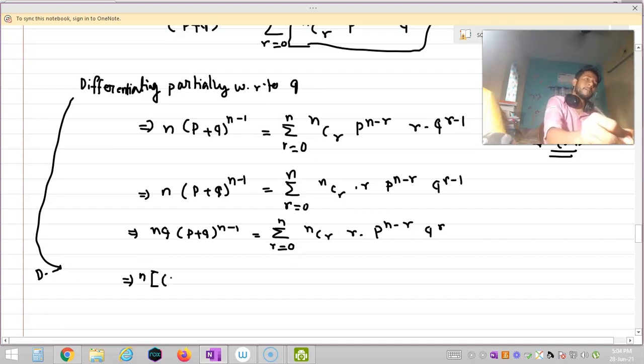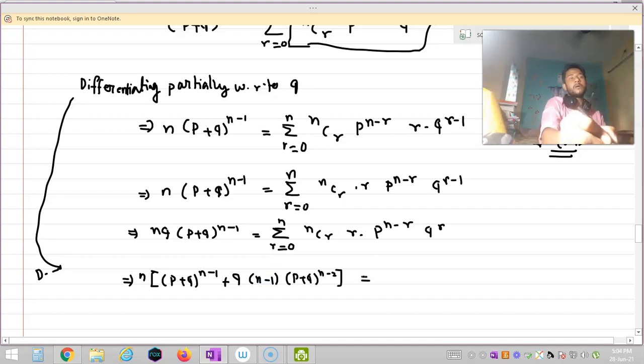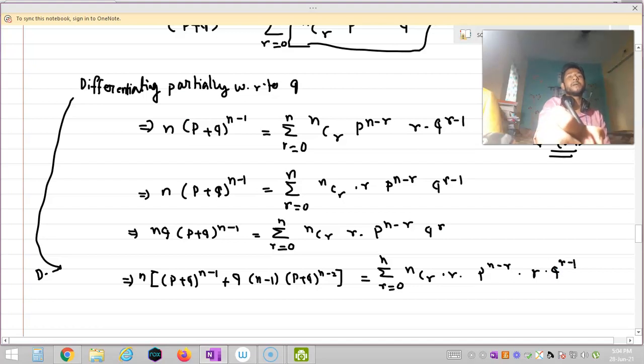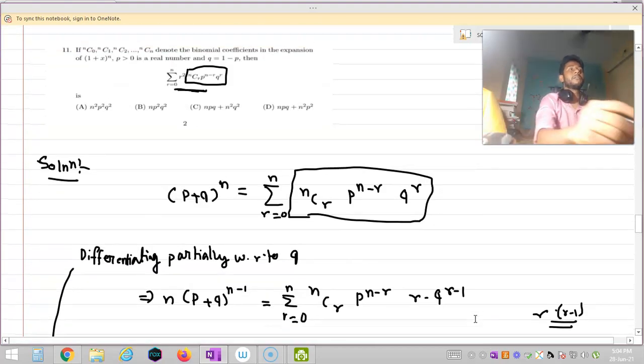So this is (p + q)^(n-1) + q(n - 1)(p + q)^(n-2), equal to the summation r = 0 to n of nCr r p^(n-r) q^(r-1). Now I have to find the sum of the required expression.